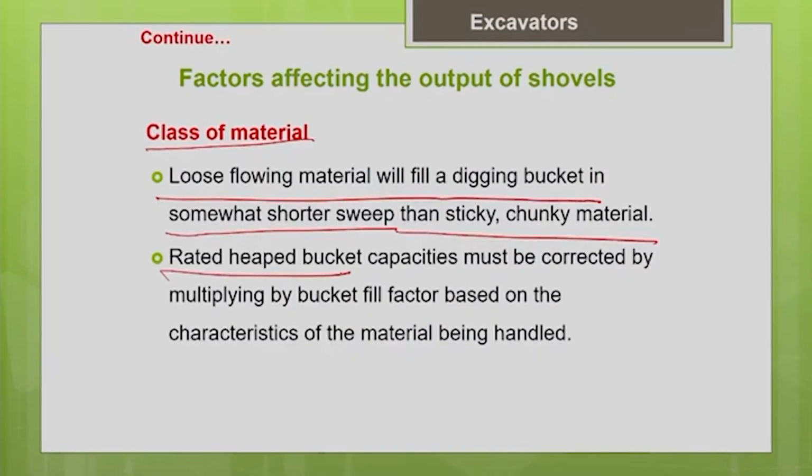But you have to adjust that rated bucket capacity according to the filling ability of the material which you are going to handle at your project site, because some material can easily fill into the bucket, but some material will have a poor filling ability. So rocks may have poor filling ability, sand will have good filling ability. Accordingly, the actual load volume in the bucket will vary. So we are supposed to adjust the rated bucket volume given by the manufacturer according to the material type which we are going to handle at our project site.